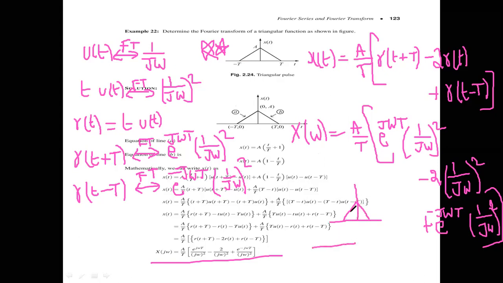For the slope of the line equation of A, we need a step function like this, and for the line equation of B, it requires the step function from minus T to 0, and here from 0 to T.